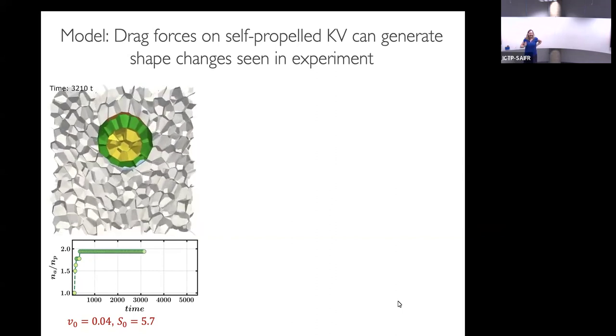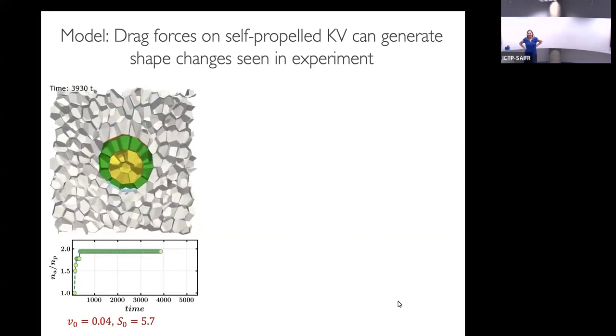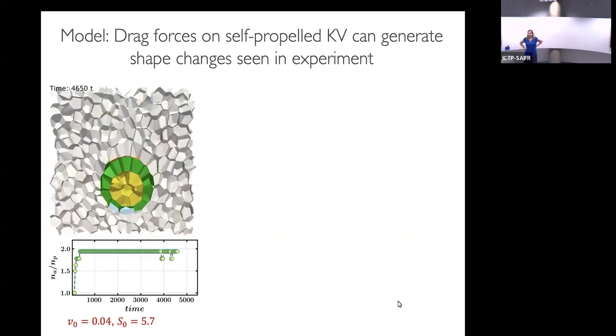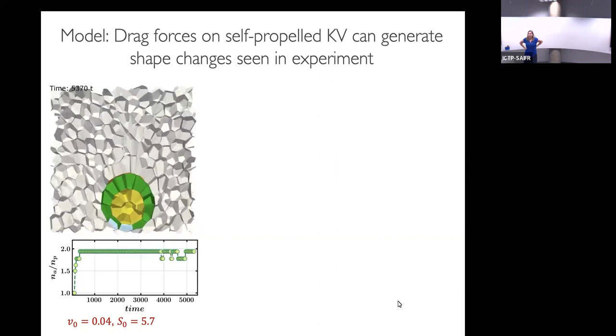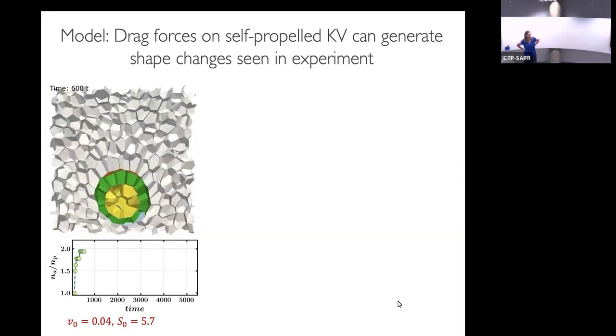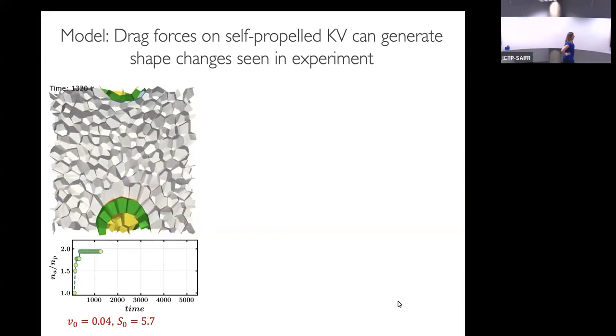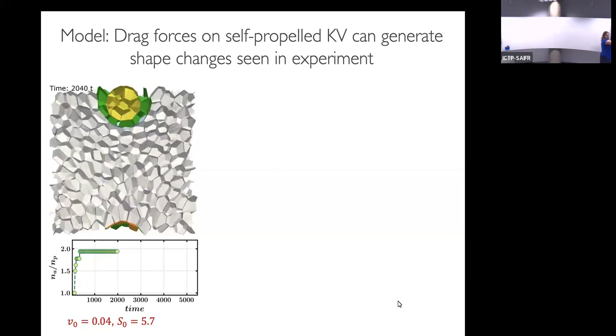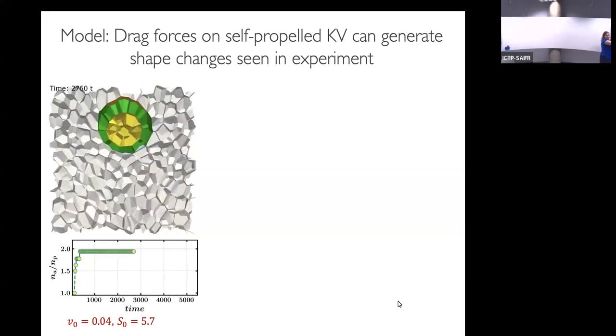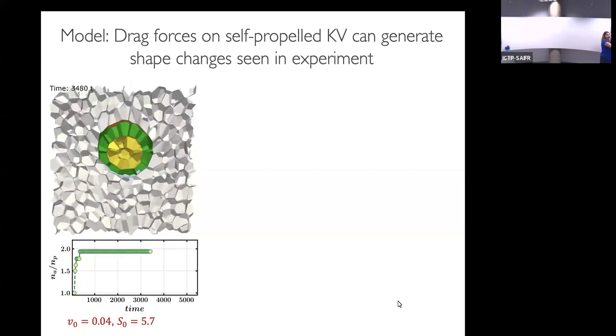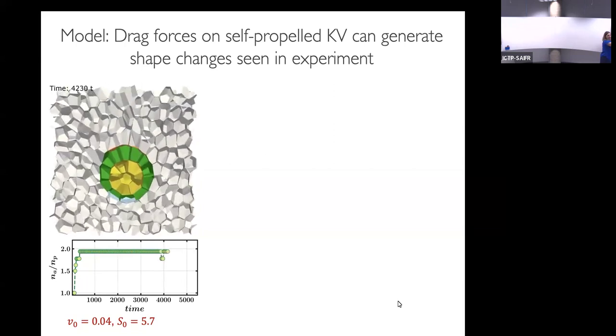Yes? What is the right thing? The difficult thing to measure. So the simulation is producing the... Was it the reorganization of the cells? Yeah, the reorganization of the cells.